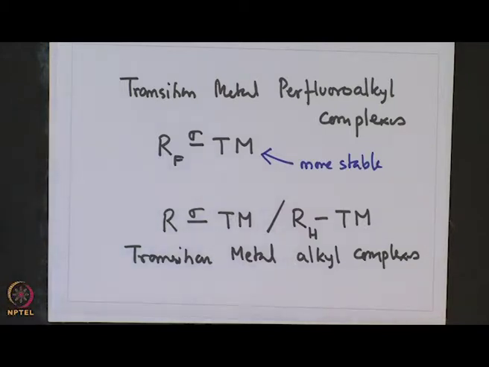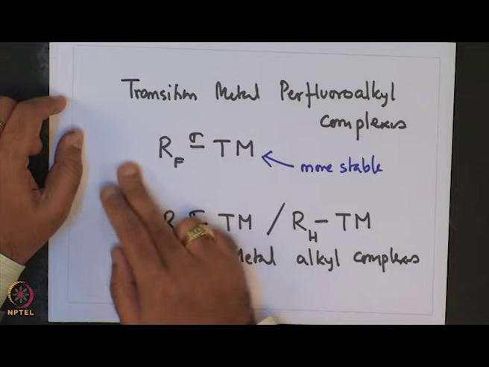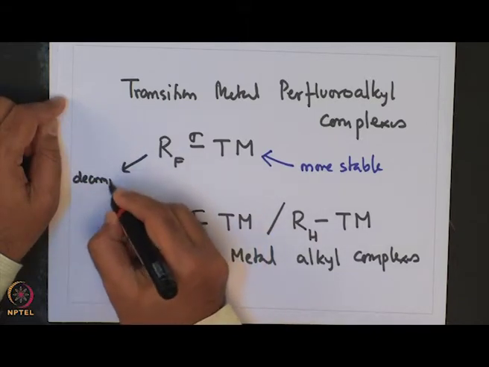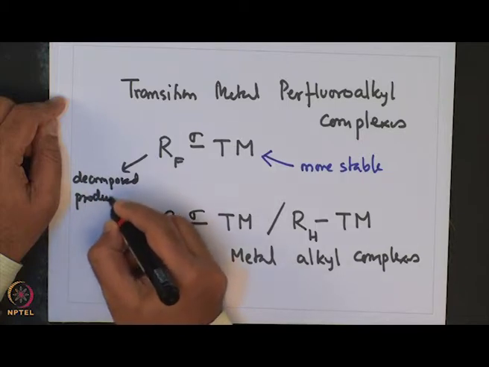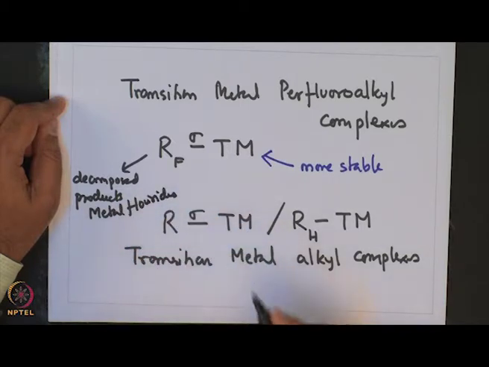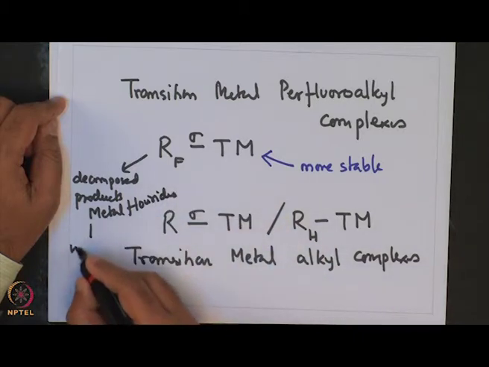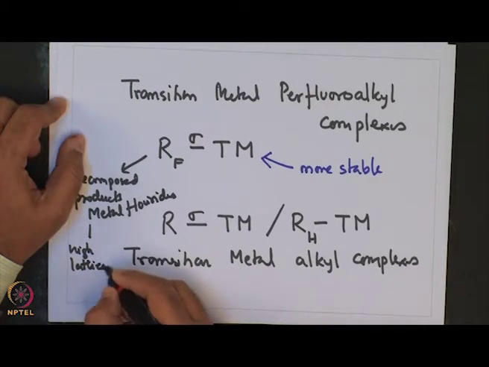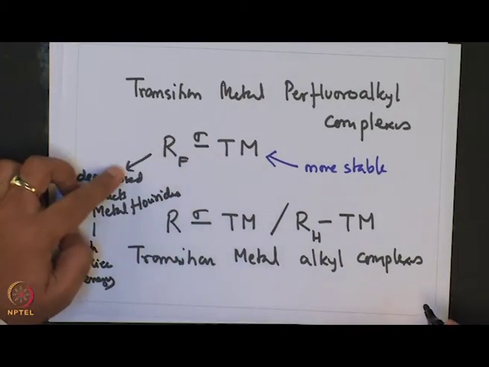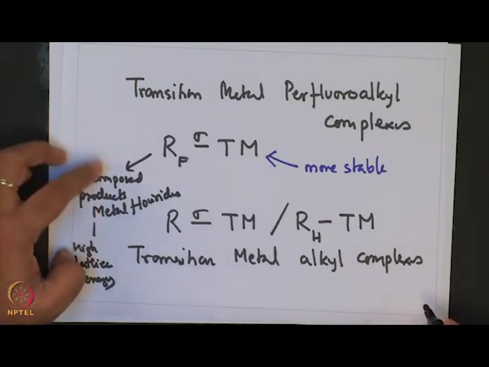Now, there is a counter argument which suggests that transition metal perfluoroalkyl complexes may not be very stable, the argument being that the decomposed products of these complexes should be metal fluorides, which have high lattice energy, and hence this compound should be less stable, because they would want to decompose to metal fluorides having high lattice energy.